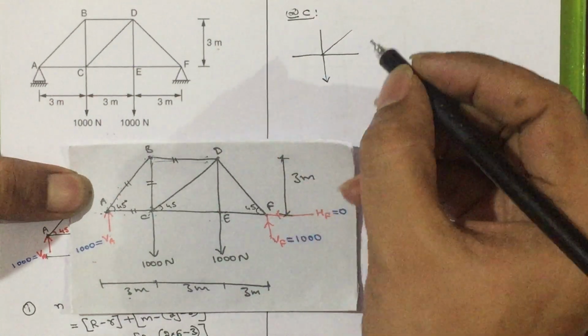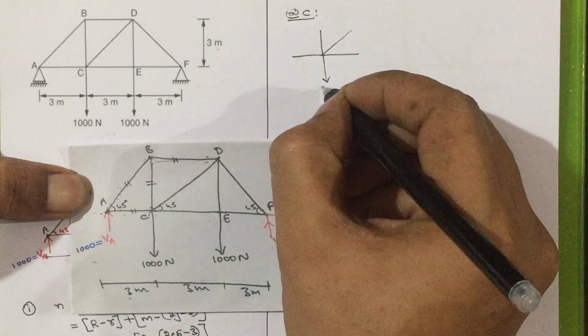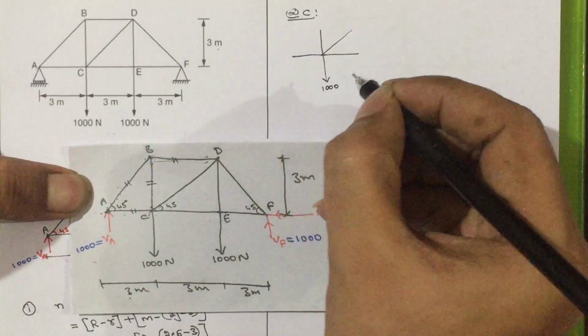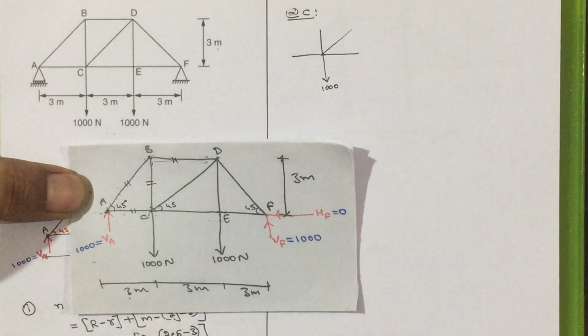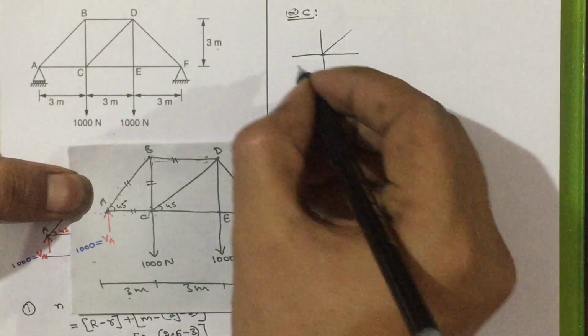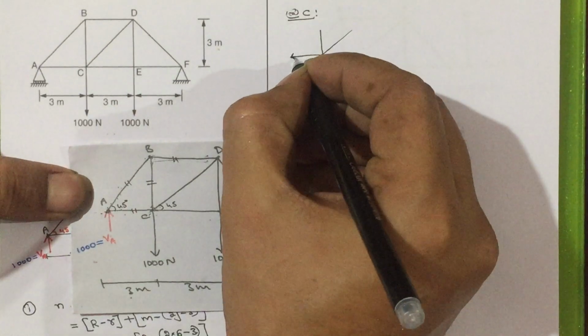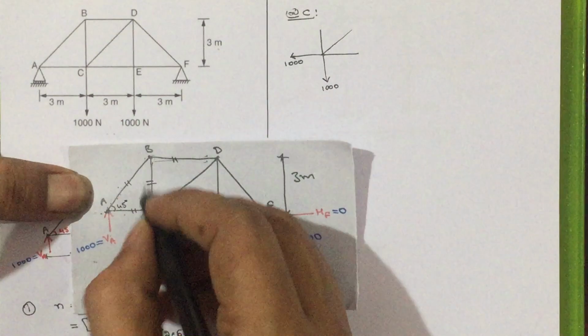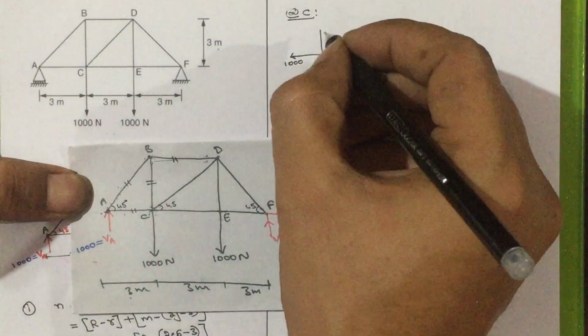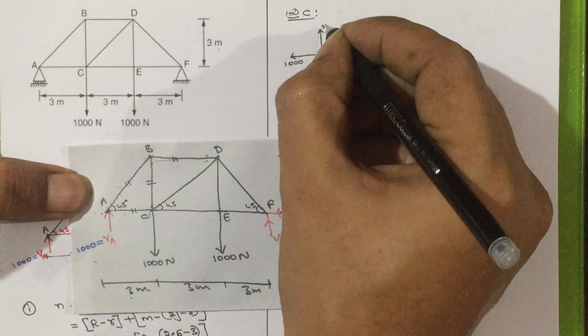This will be downward. Write the magnitude also, 1000. Then we already know the values of CA and CB. CA we got as 1000 Newton, plus 1000, so it is outward, plus 1000. Then BC we got as plus 1000, so it is in tension.